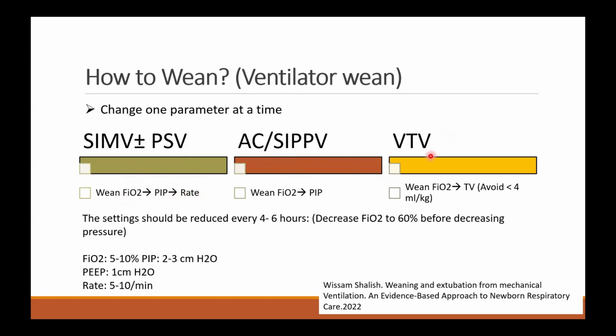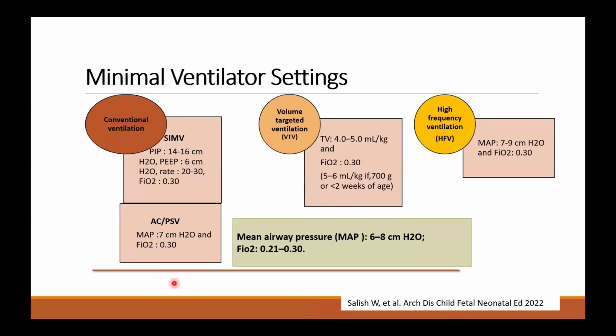When it comes to volume targeted ventilation or volume guarantee, as we are delivering a volume, after weaning FiO2, we can wean the target tidal volume, but one should avoid going below 4 ml per kg. The settings should be reduced every 4 to 6 hours, and one can reduce FiO2 by 5 to 10% at a time, PIP 2 to 3 centimeter, PEEP 1 centimeter, and rate 5 to 10 per minute.